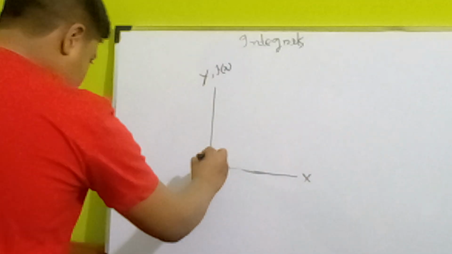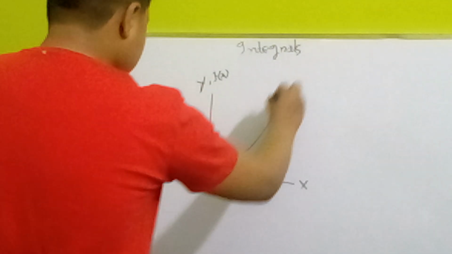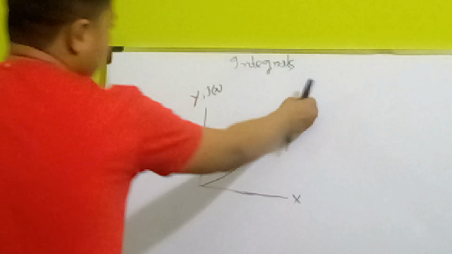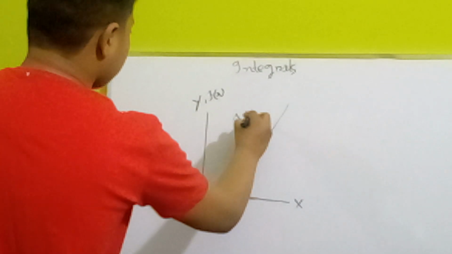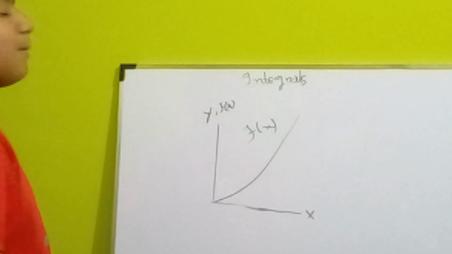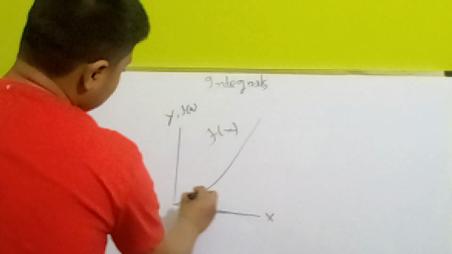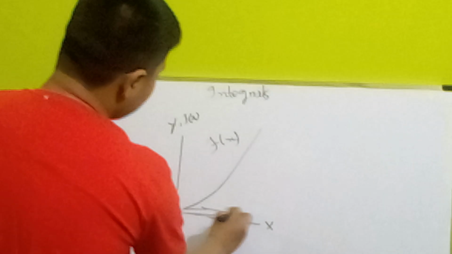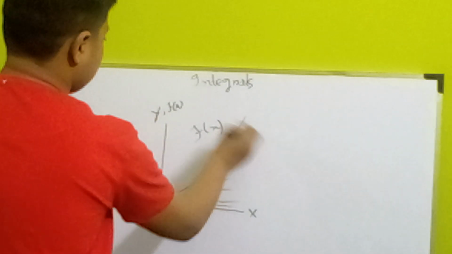Now, let's say a graph looks like this. I don't know what it is, but let's call it f of x. An integral basically means the total area under this curve.